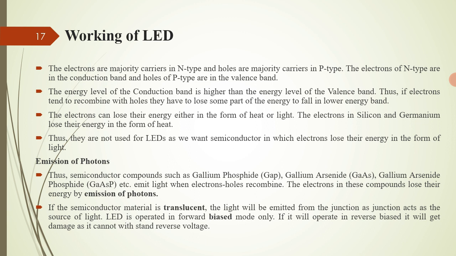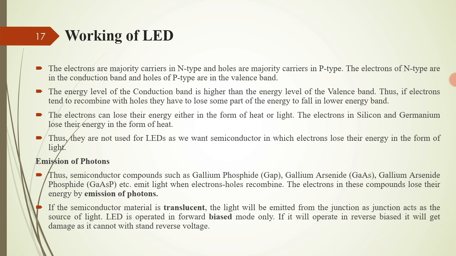So the emission of photons occurs in semiconductor compounds such as gallium phosphide and gallium arsenide, when the electron hole recombination process starts, which leads to the loss of energy by emission of photons.